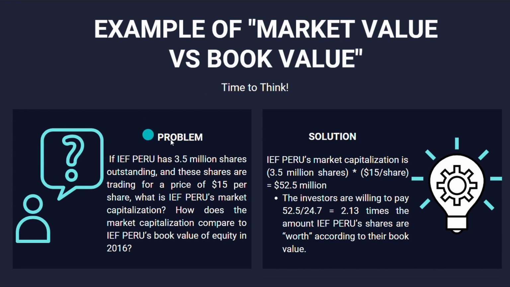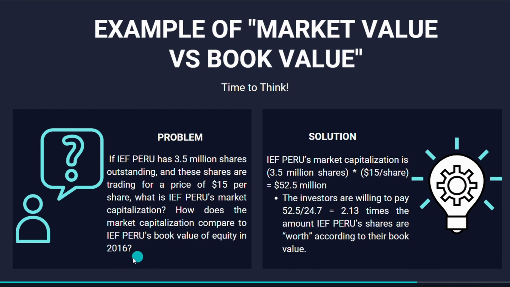Problem: if EF Peru has 3.5 million shares outstanding and these shares are trading for a price of $15 per share, what is EF Peru's market capitalization? How does the market capitalization compare to EF Peru's book value of equity in 2016?